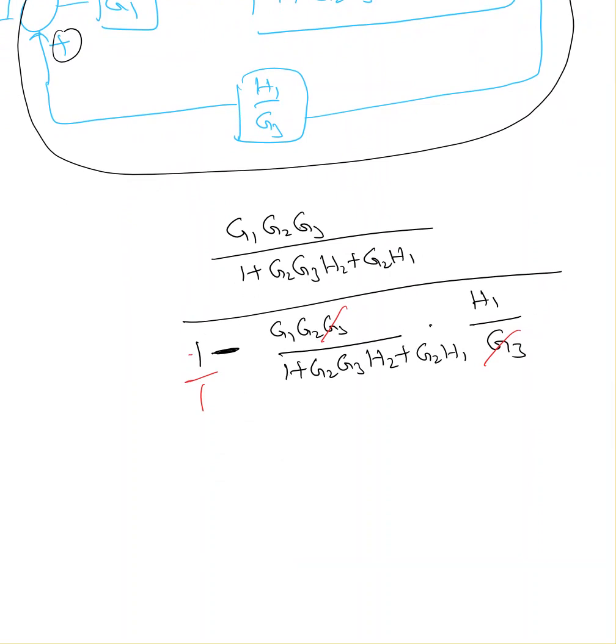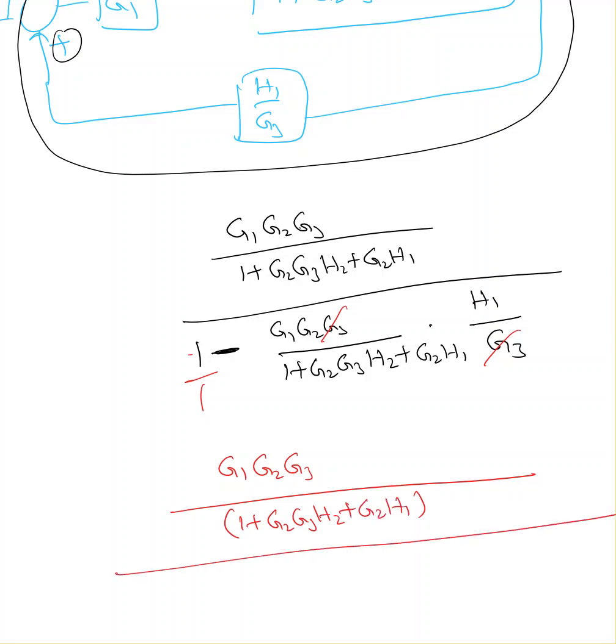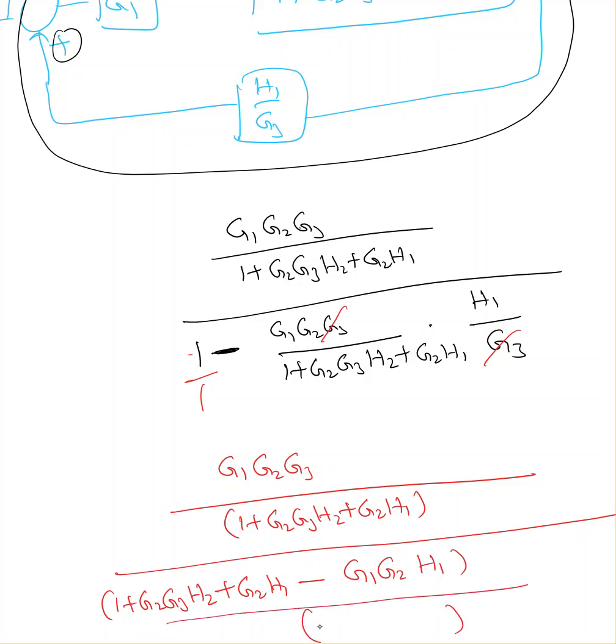The denominators are going to get cancelled out, so I will end up with Z1 Z2 Z3 over the denominator 1 plus Z2 Z3 H2 plus Z2 H1 over 1 plus Z2 Z3 H2 plus Z2 H1 minus Z1 Z2 H1 over, again you have the same thing, 1 plus Z2 Z3 H2 plus Z2 H1.